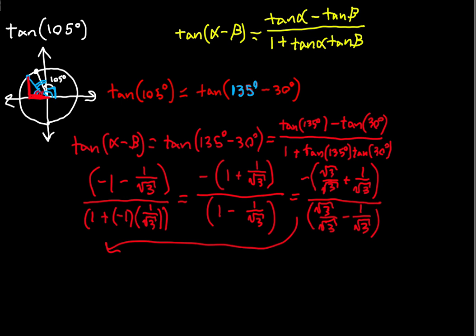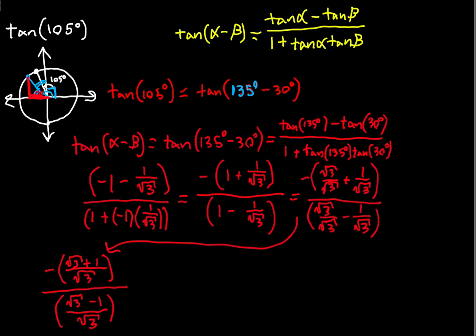Let's combine these terms on the top and bottom. It's going to be the same as negative square root of 3 plus 1 divided by square root of 3, divided by square root of 3 minus 1 over square root of 3.